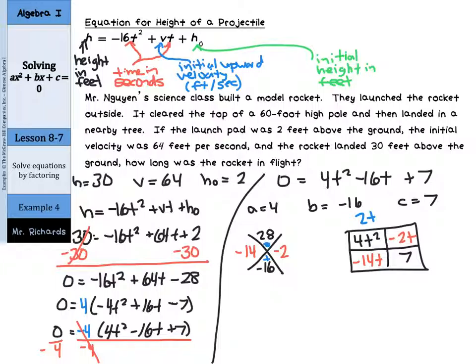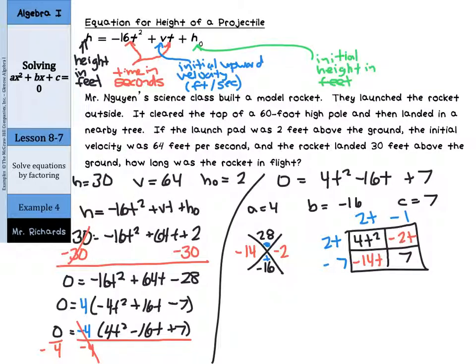The greatest common factor of negative 2t and 7 is just a 1, but since this term here is negative, it's going to be minus 1. 4t squared and negative 2t involves a t and a 2, so 2t. And then for negative 14t and 7, it's going to stay negative since this is negative here. It's going to be negative 7.